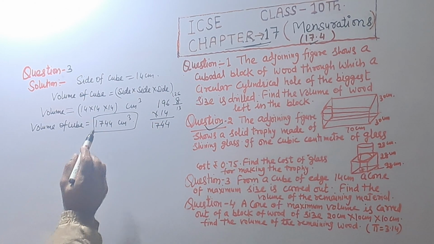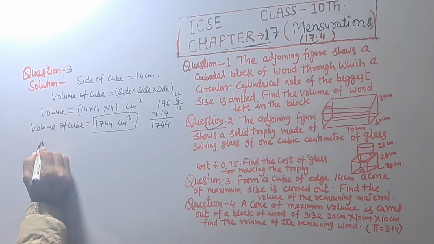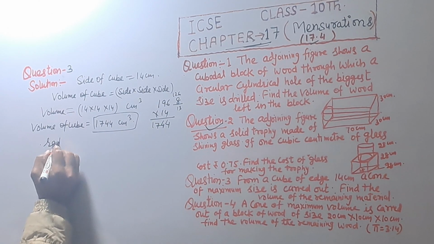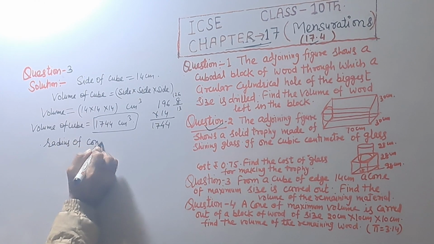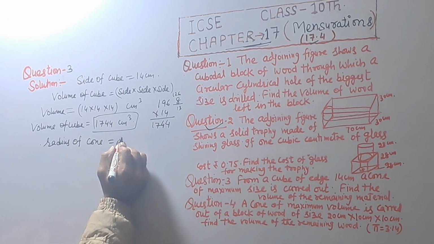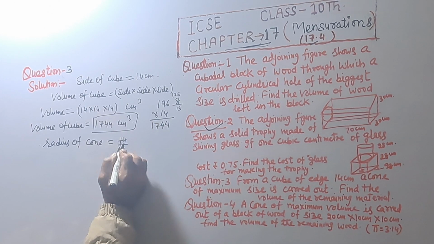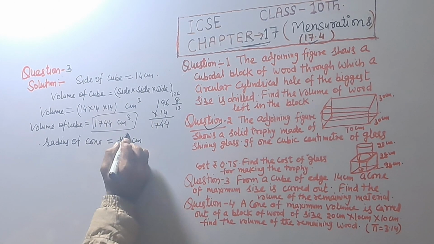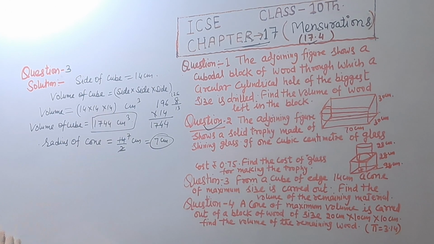And radius of cone is equal to 14 divided by 2 centimeter, that is 7 centimeter, its radius of cone.